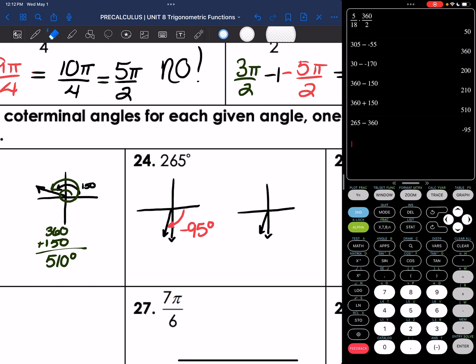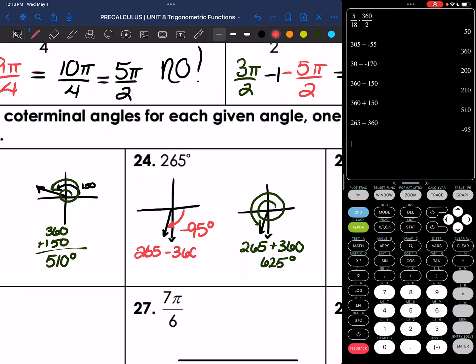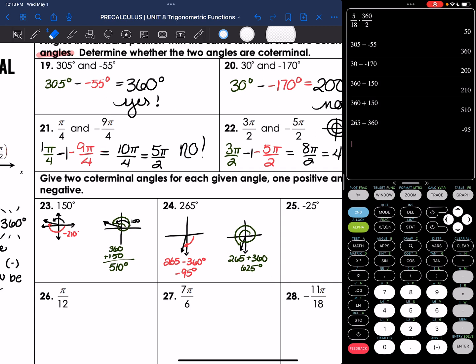Or you add a full rotation to it, and that'll put you there. So that's to take 265 and add 360 to it. That's going to give you 625. Whereas for this one, we took 265 and subtracted 360 from it. Again, that's the negative 95. So that's really all it is, either adding 360 to it or subtracting 360.